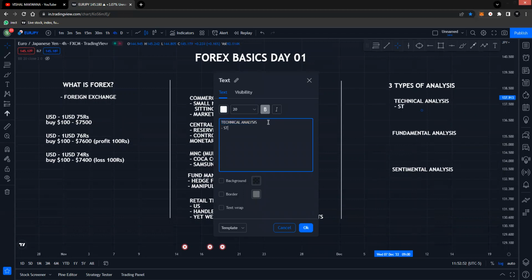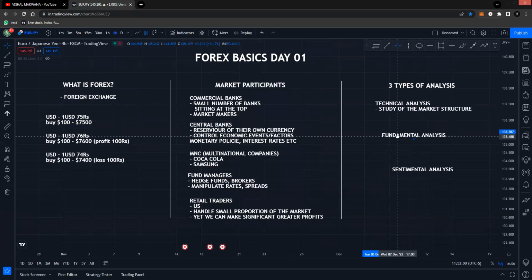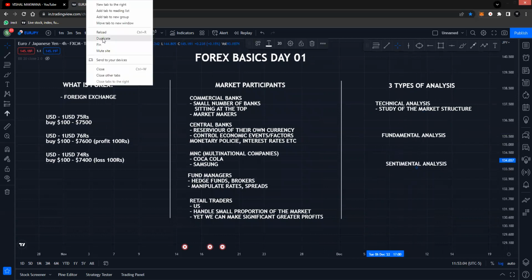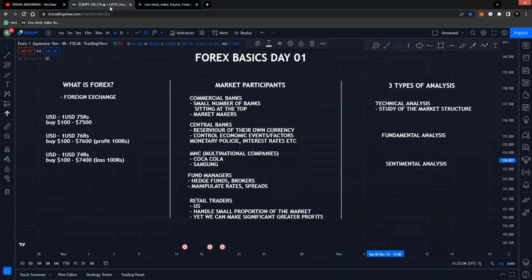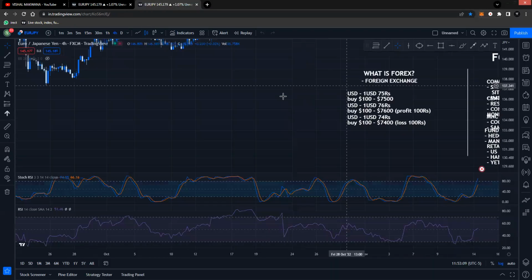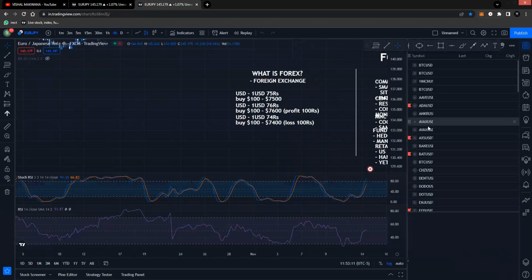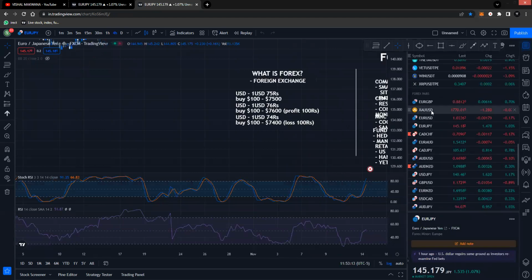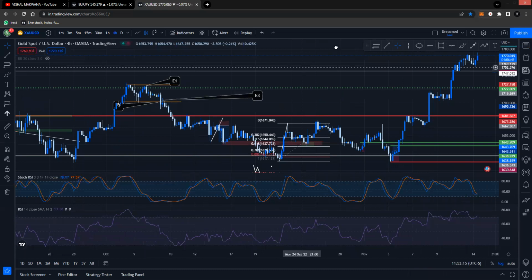Technical analysis, that means study of the market structure, right? Study of how the support and resistance work, the trend lines, and etc., right? For example, I will just open a chart.